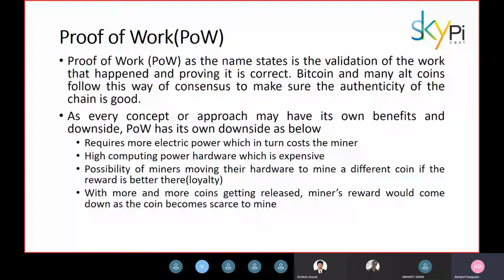Now, keeping this above analogy and experience in mind, we can summarize proof of work as a concept or approach which has its own benefits but also has its downsides. If we look at its downsides, it requires a lot more power, which in turn costs the miner.